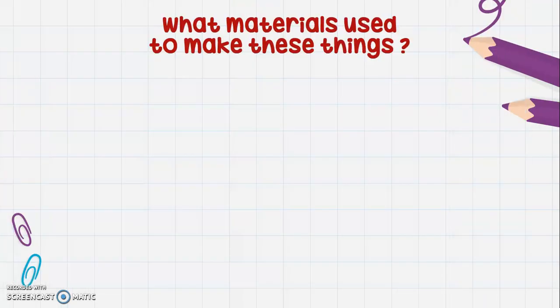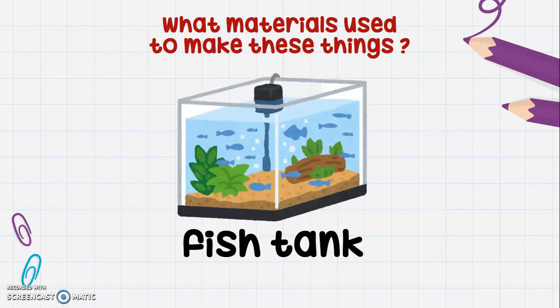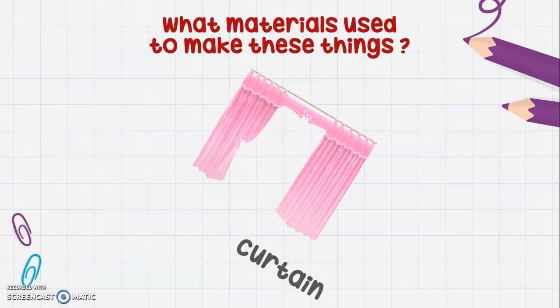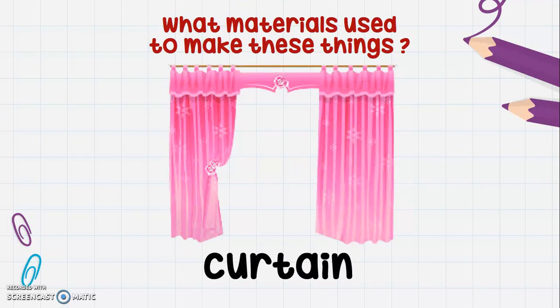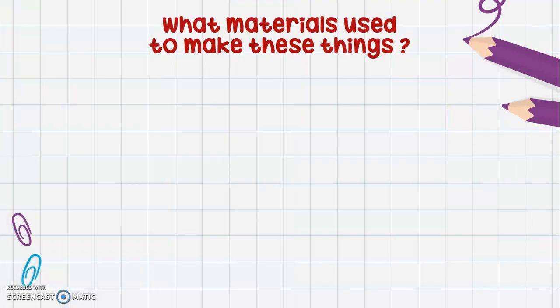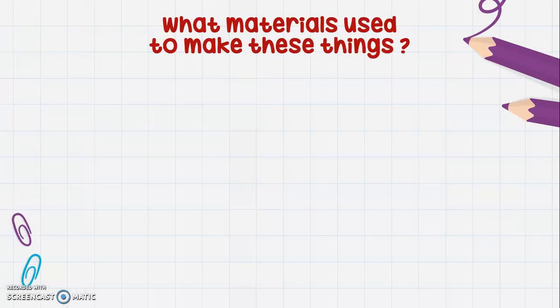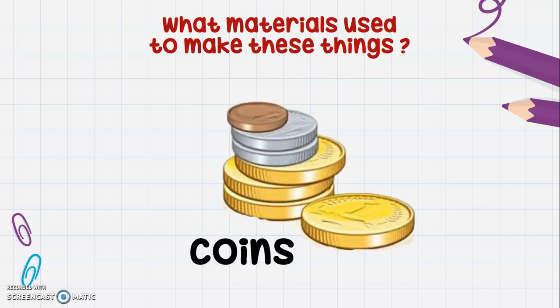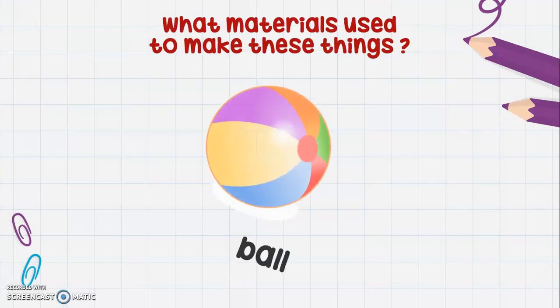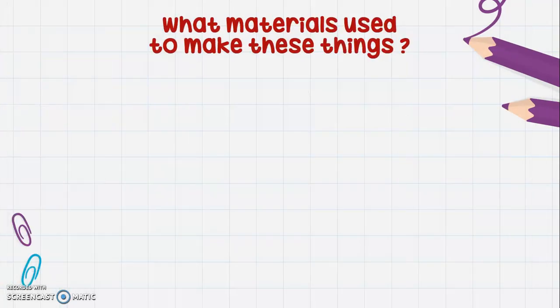Okay, now can you guess what material is used to make this thing? Fish tank? What about the curtain? And can you tell what the table is made of? And what about the coins or ball?